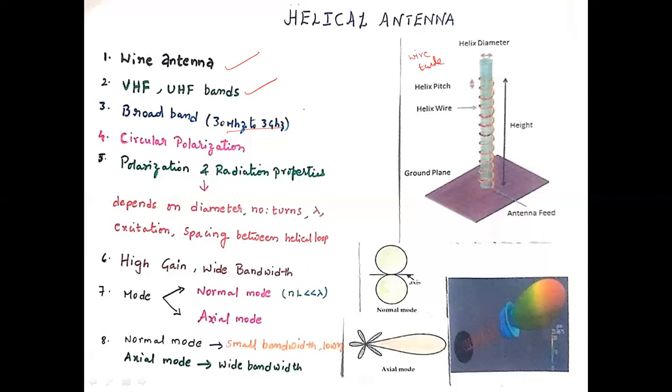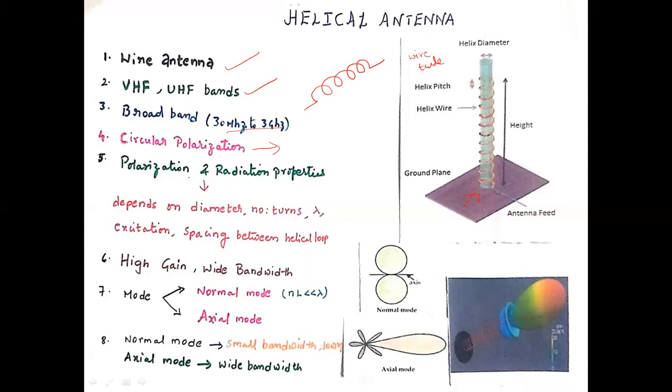Usually we take a wire, and if we wind the wire in this way, it automatically acts like a helical antenna. The feed is provided from this end, and based on the feeding, the current flows along the length of this wire. Here we have shown the different parameters of the antenna. This is basically used for the purpose of circular polarization.